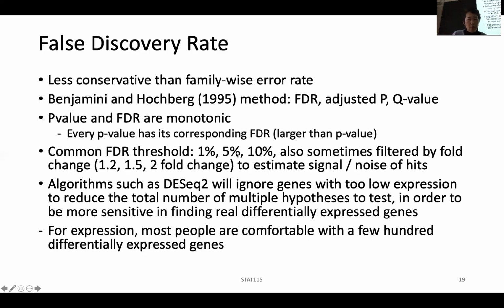But in general, with this FDR estimate, you can really get a sense of the signal to noise of all the hits you're calling. Most of the time, in reality, people are comfortable with calling between, I would say, 50 genes and 3,000 genes as different.